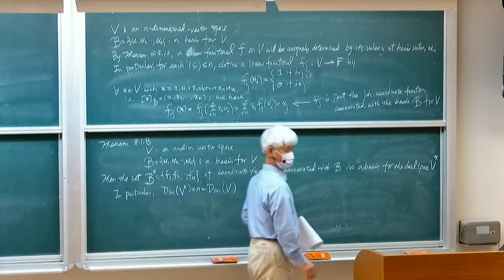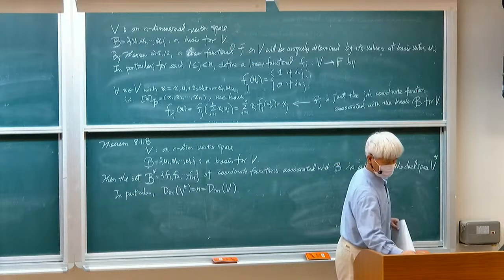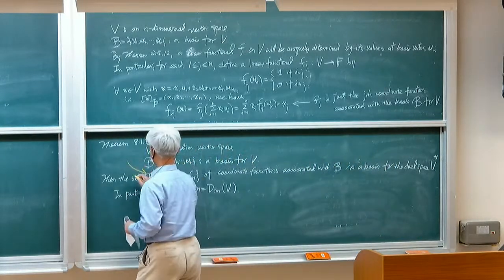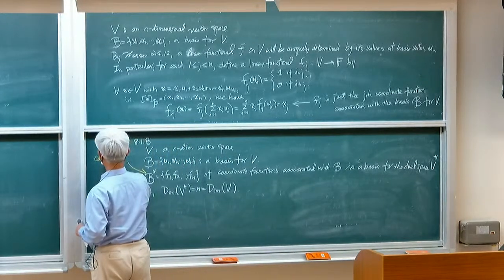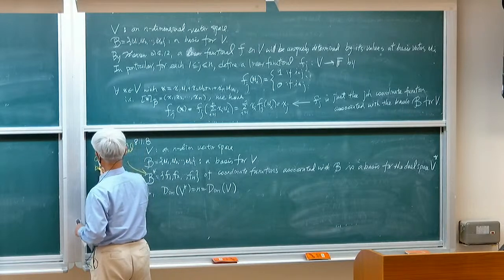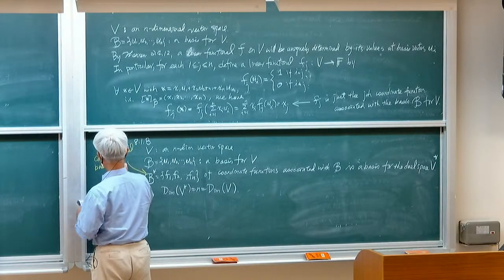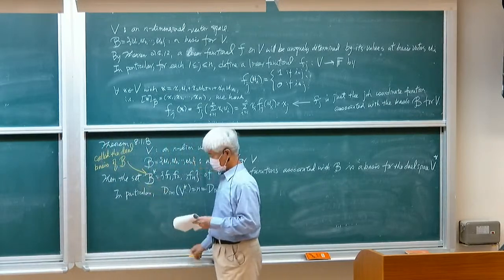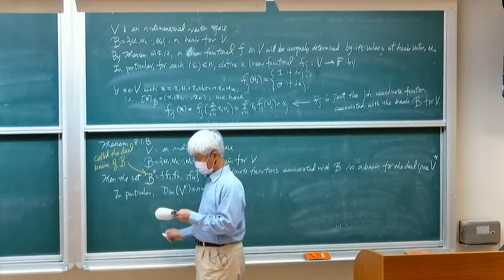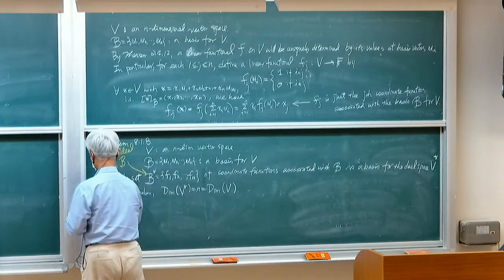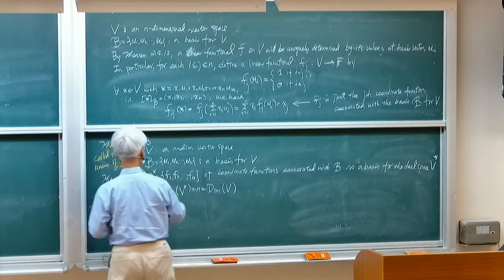For this reason, B star is called the dual basis of B. So we have to show the proof that this is a basis.